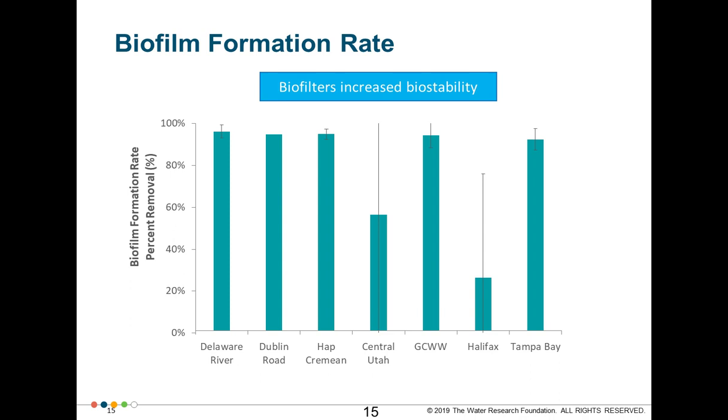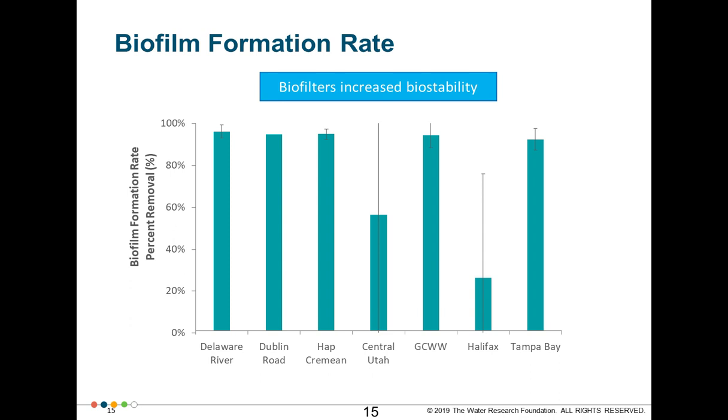There were a couple of exceptions to this rule. In particular, at Halifax Water, the average percent removal was 23%, which is quite low. And this particular facility, they're located in Nova Scotia in Canada, and they have pretty cold water. For the first half of testing, their temperatures were less than 5 degrees Celsius, and their DOC removal was 0.2 milligrams per liter.